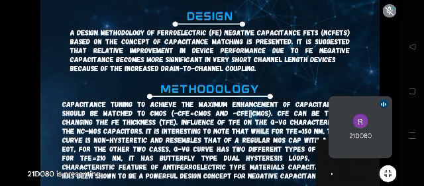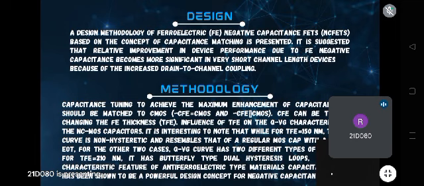A design methodology of ferroelectric negative capacitance FETs based on the concept of capacitance matching is presented. Coming to the methodology, capacitance tuning to achieve the maximum enhancement of capacitance.